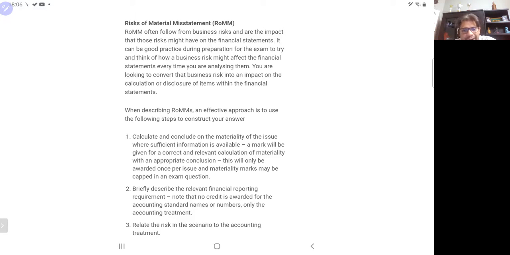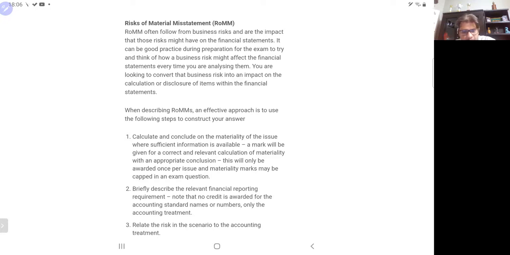Number one, calculate and conclude on the materiality of the issue, where sufficient information is available. You will get 1 mark for a correct and relevant calculation of materiality. Number two, briefly describe the relevant financial reporting requirement.